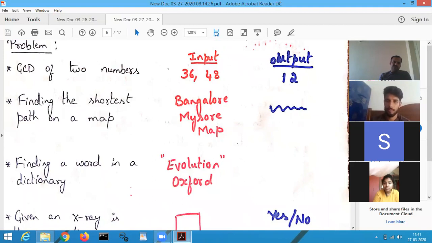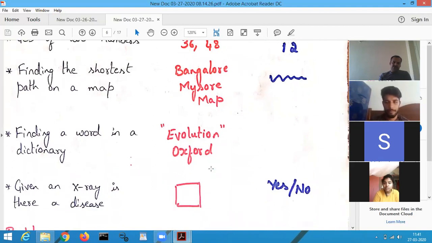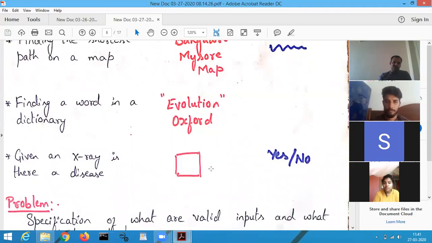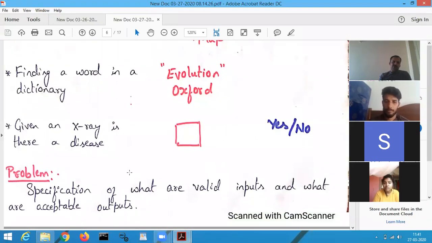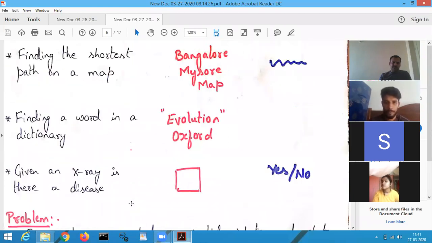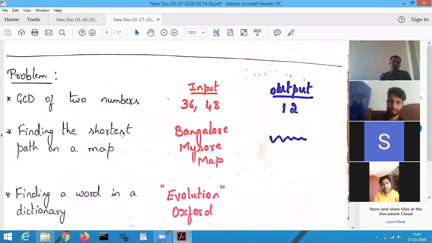By all these things, we can give a more sophisticated definition of a problem. A problem is a specification of what are valid inputs and what are acceptable outputs. I think all of you are understanding what we mean by problem. If we take the GCD problem, the problem is to find the GCD.